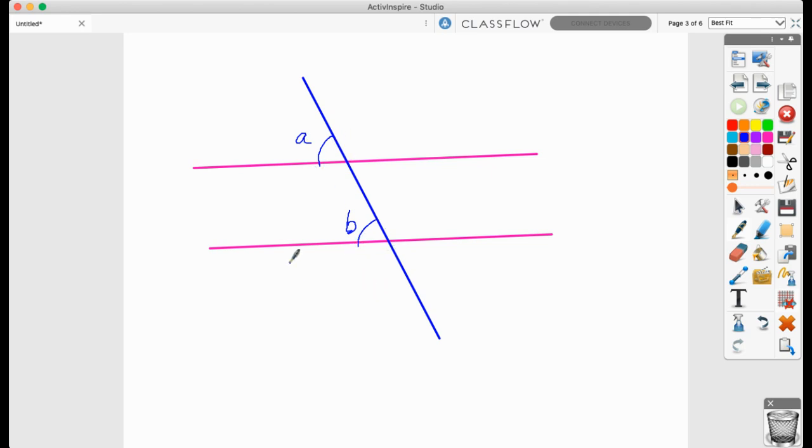Which means that if I look at this one, it corresponds to the position over here. The position of this one corresponds to the position of that one. So when they're both in the same upper left corner, or it could be upper right or lower left, if they're in the same relative position, we call those corresponding angles.